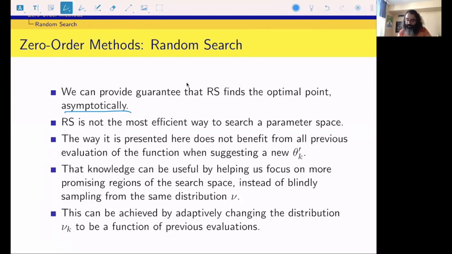But random search is not the most efficient way to search a parameter space. The reason is that it does not benefit from the value of previous evaluations, the values of previous parameters that have been evaluated, in order to guide its search. It always chooses samples from the same distribution nu.